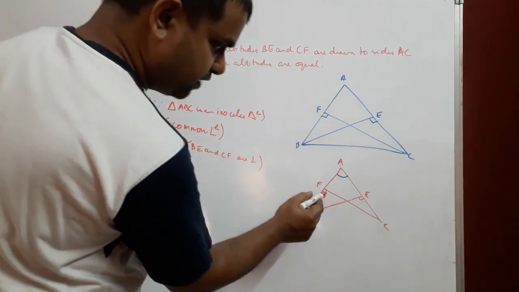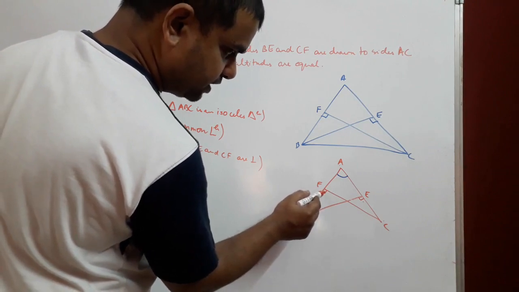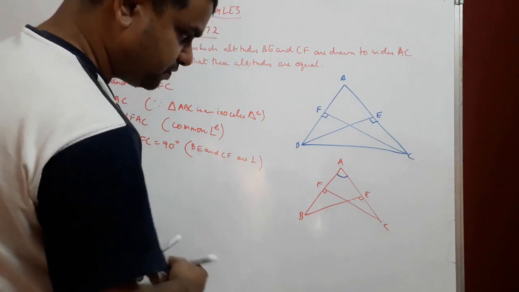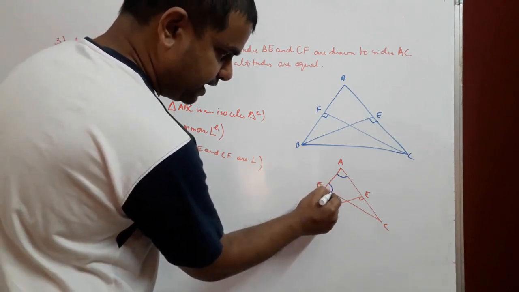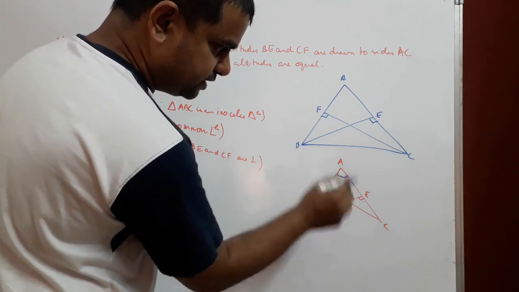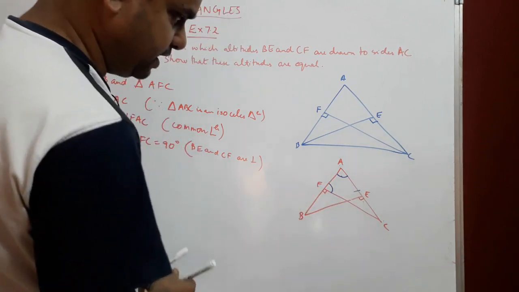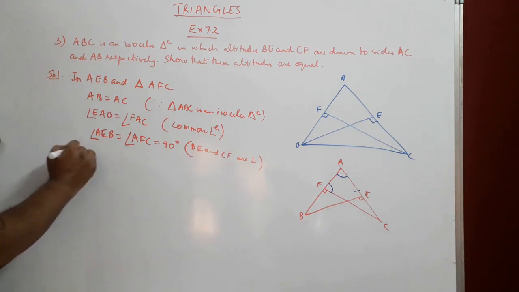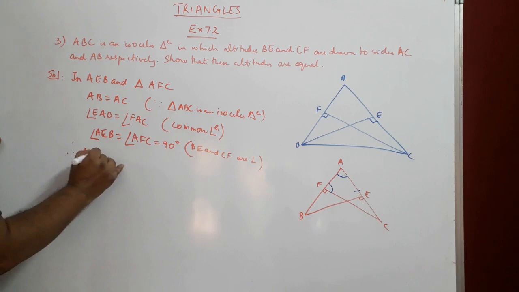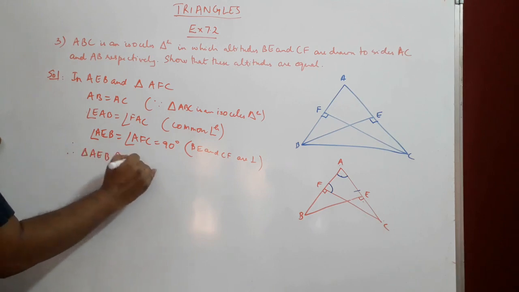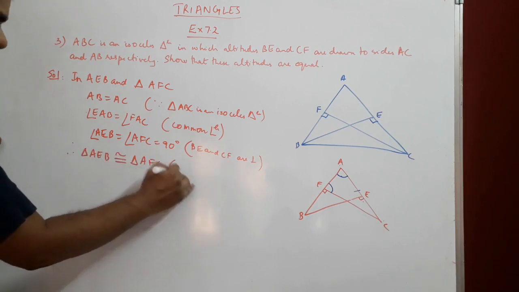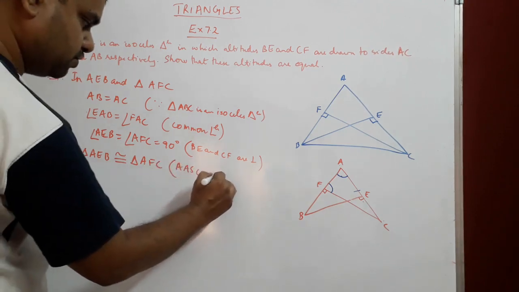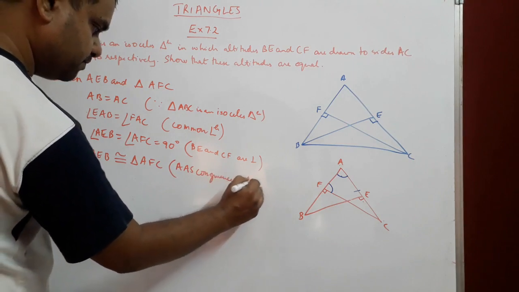Now we have got angle, angle and a side. Have a look where they are. We have got an angle, this one, mark them in blue, angle, angle, and there is a side, that is this one. So by AAS we can say that the two triangles are congruent to each other. Therefore triangle AEB is congruent to triangle AFC by AAS congruence rule.